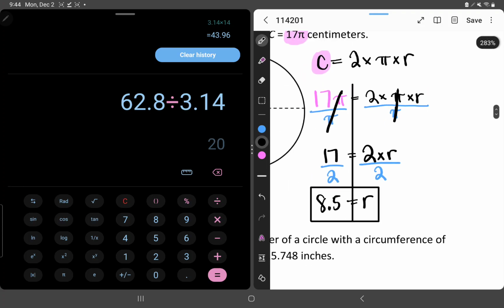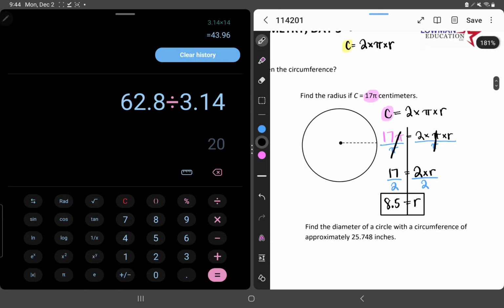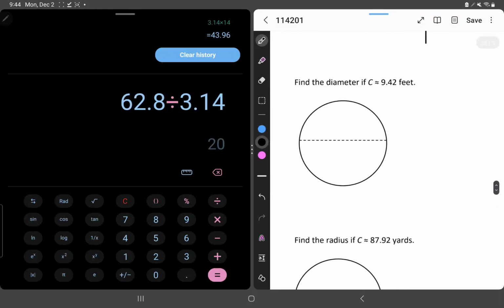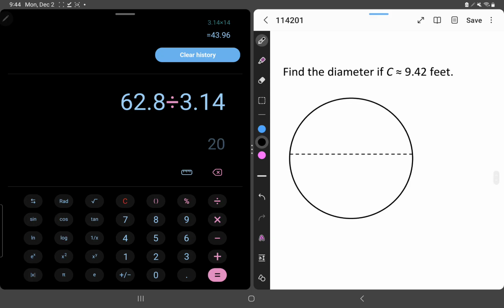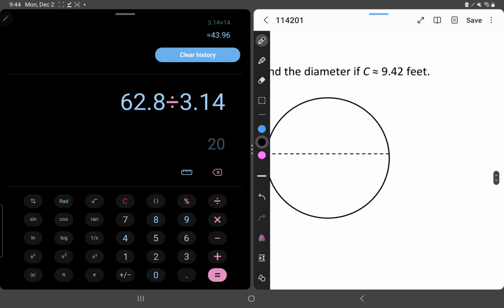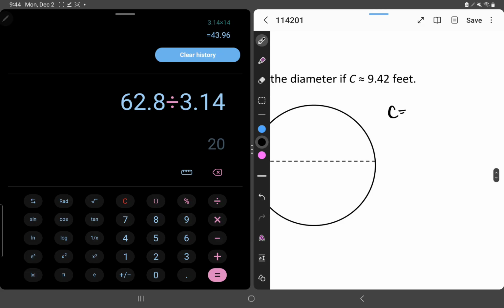So if it ever gives you that your circumference says pi, just divide both sides by that symbol pi and go ahead and get rid of it. This one says find the diameter if circumference equals 9.42 feet. All right, so I want you to pick what formula you're going to use. So we should have picked that circumference equals pi times diameter. Now I want you to pick what formula you're going to use from there.